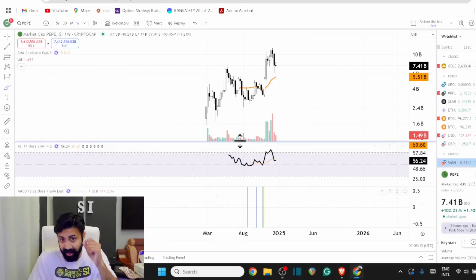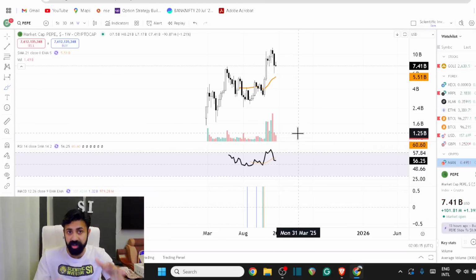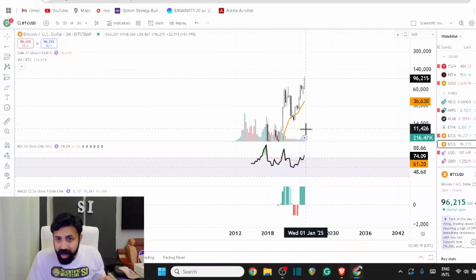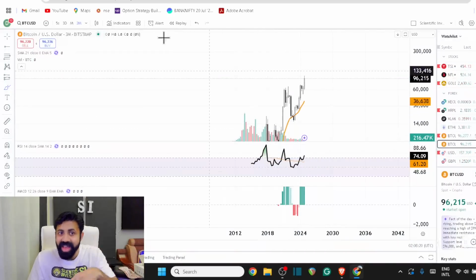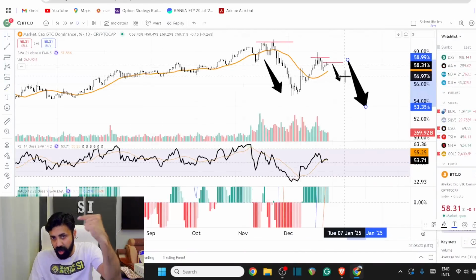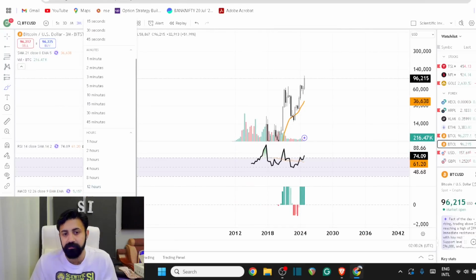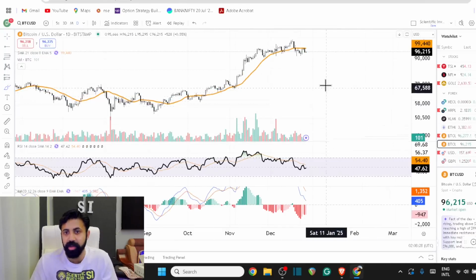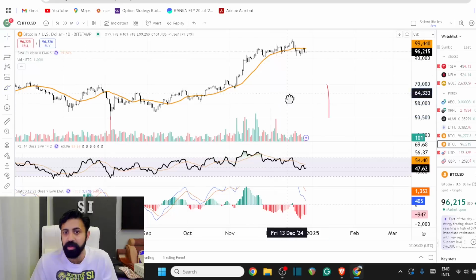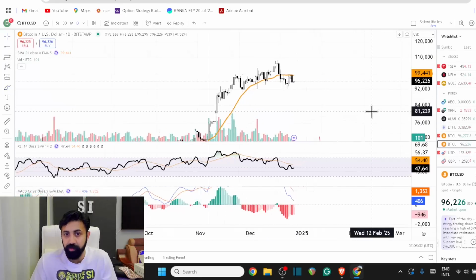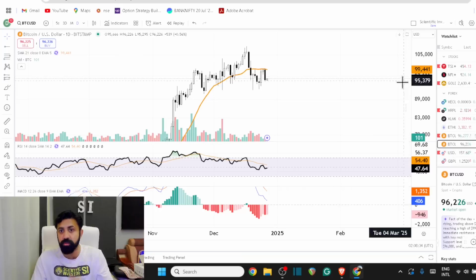This is why I say the negative divergence on a weekly is important, guys. While the Bitcoin price goes up and the Bitcoin dominance goes down, you don't want to go against it. I mean, it's the market. It can be really volatile and it can be really choppy, but following that direction is going to be important.